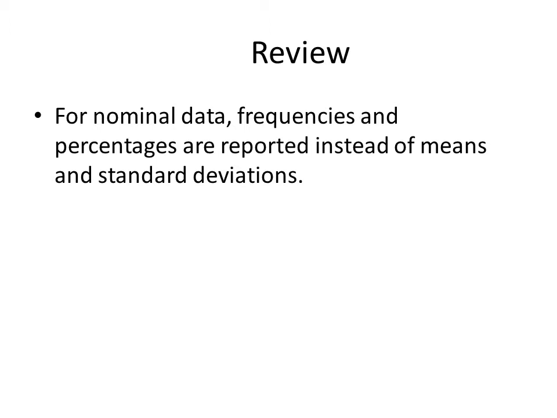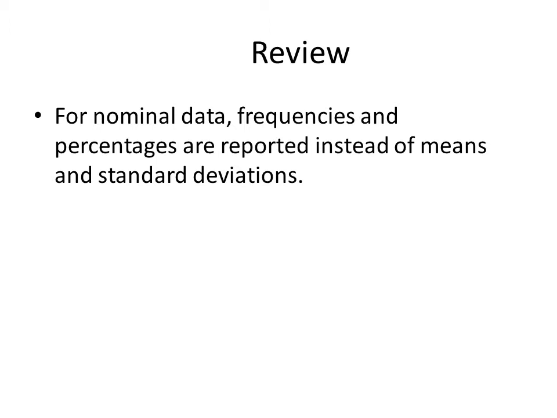For nominal data, frequencies and percentages are reported instead of means and standard deviations. This is because nominal data does not consist of scores, so it doesn't directly allow the calculation of means and standard deviations.